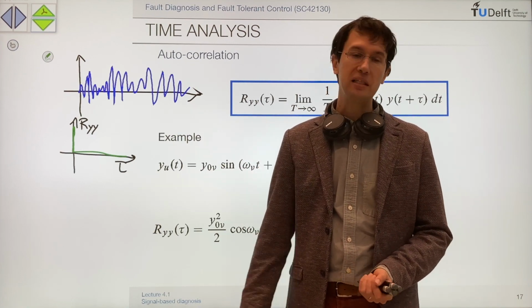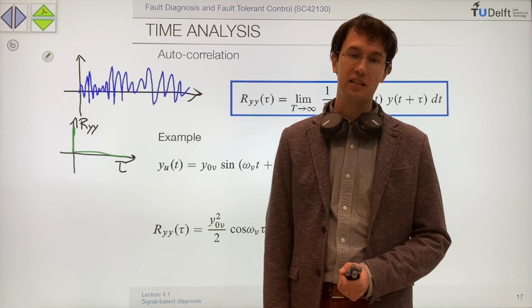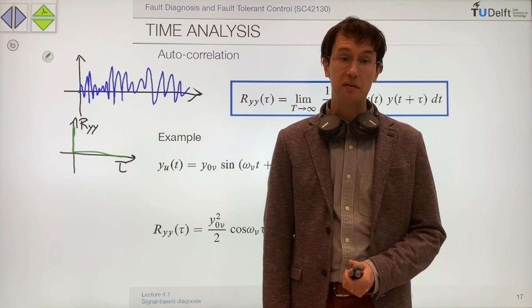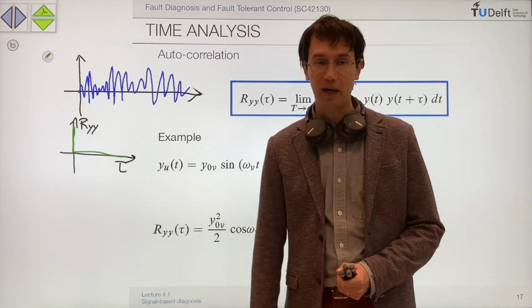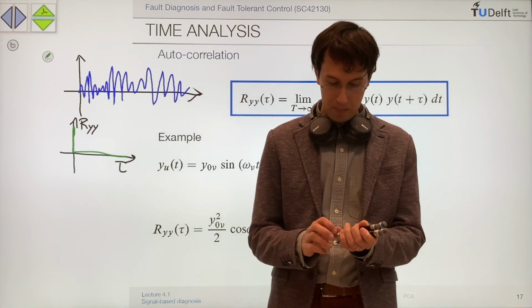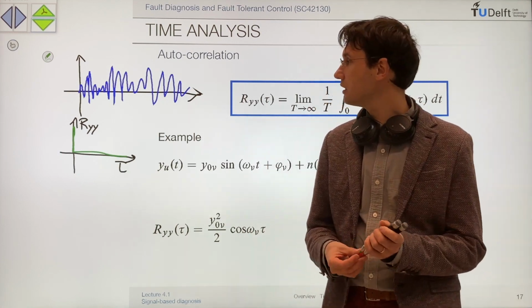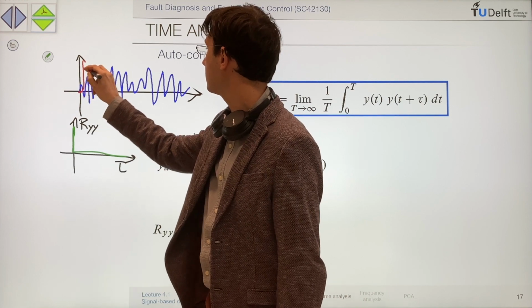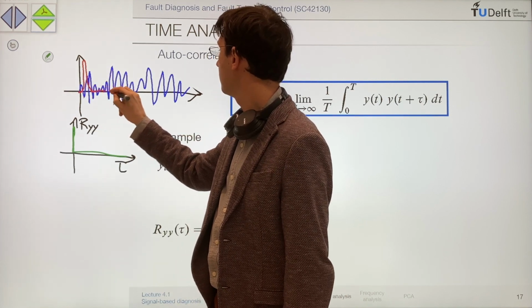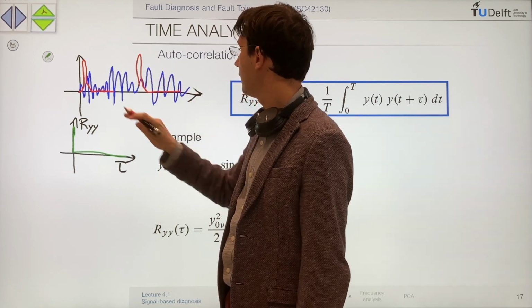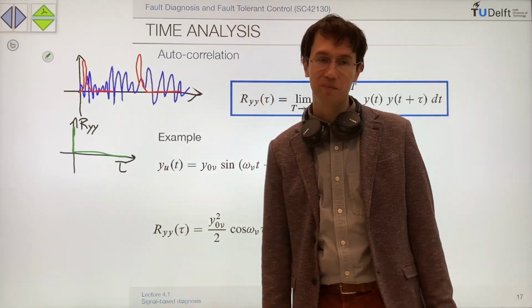But in this case, you don't know the speed of the engine, so you don't know what the periodicity is. You just expect that a fault is adding some periodicity in the signal. So for instance, it could be that the fault is presenting like a peak in the signal now, and then another peak in the signal, and so on. And this is going to be periodic.